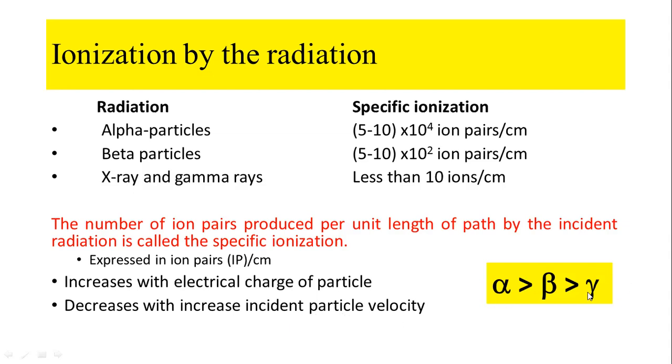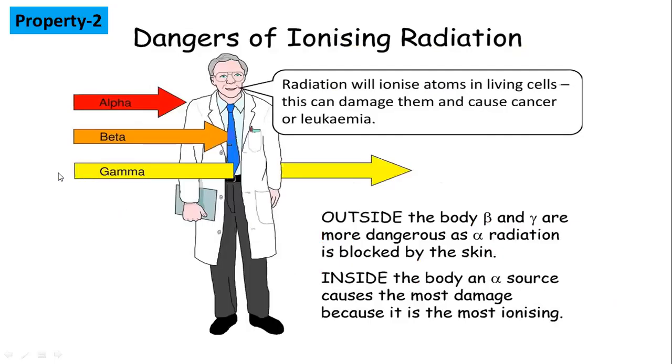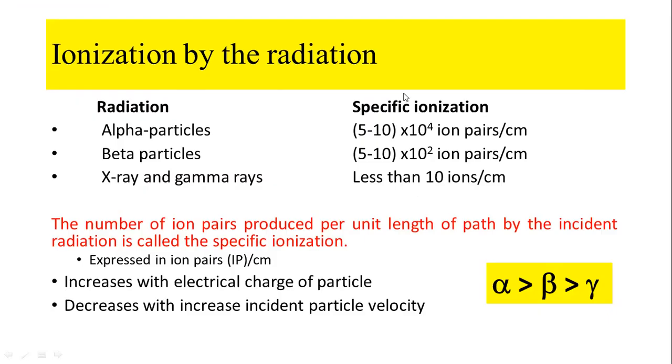Here the particle velocity of the gamma radiation is more, and that's why it has less specific ionization, because it has more velocity, so it is immediately going to pass through the material, having less ionization per centimeter of the material. So these are the two factors on which the radiation depends, and this is the overall view.